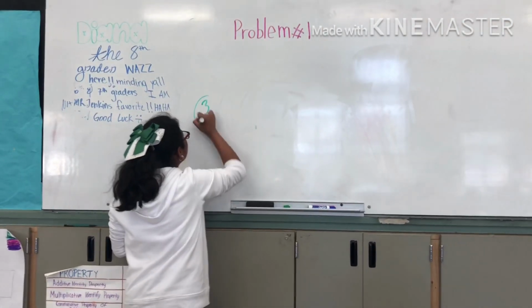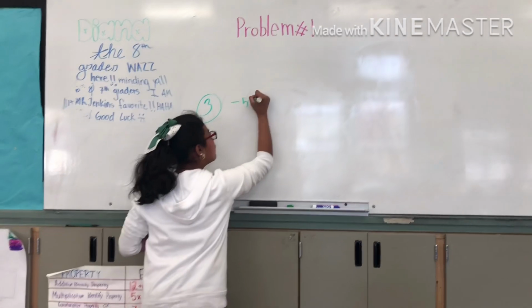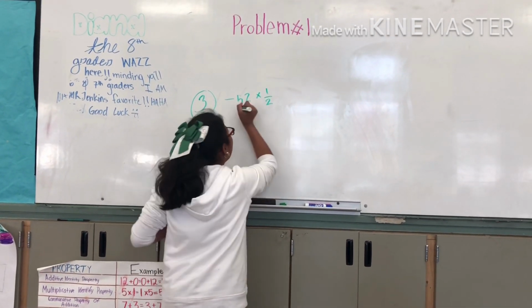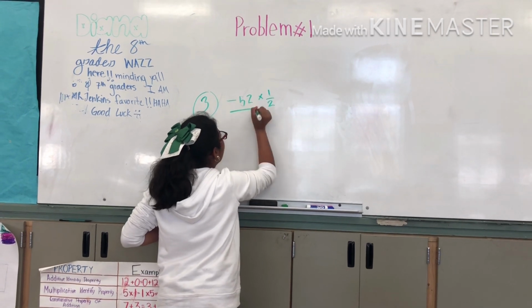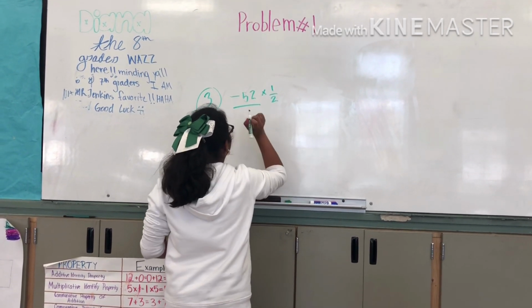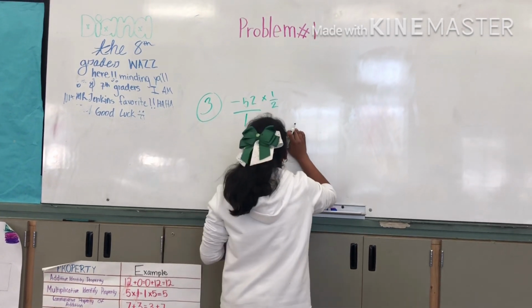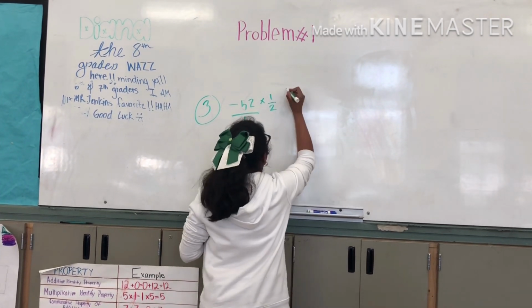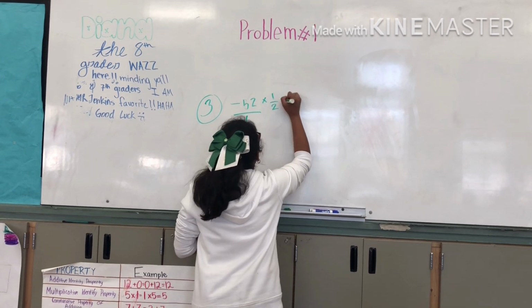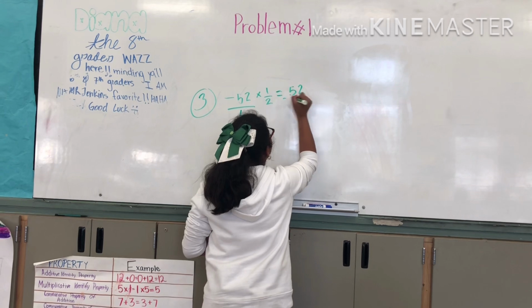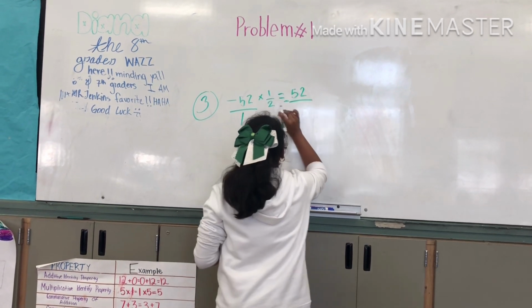The third way you can do this is negative 52 times 1/2. To do this problem, you have to turn negative 52 into a fraction, which would be negative 52 over 1. So you first have to multiply negative 52 times 1, which would give you negative 52, and 1 times 2, which would give you positive 2.